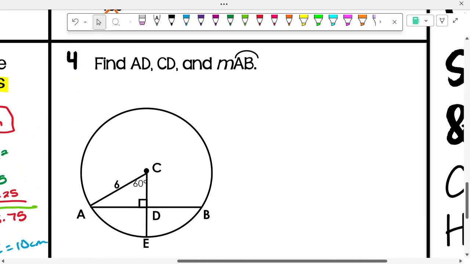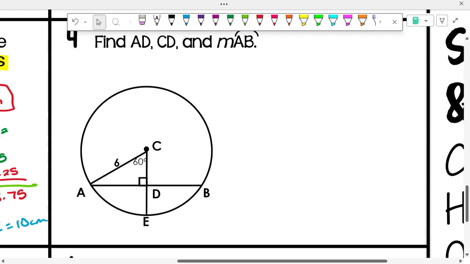All right, so now we're going to find AD and CD in the measure of AB. Now AB is actually pretty easy to find because here's this arc.